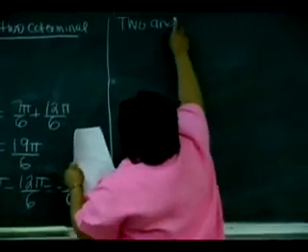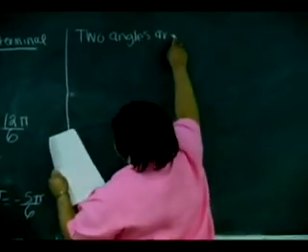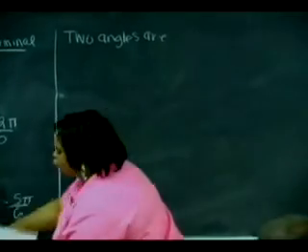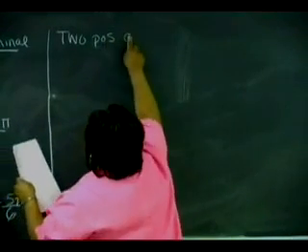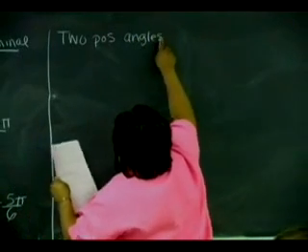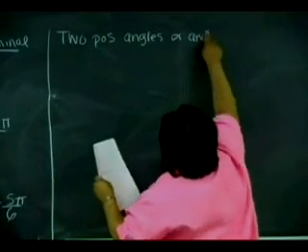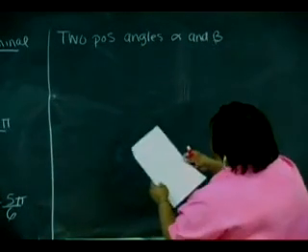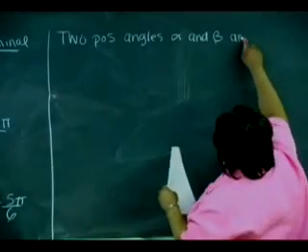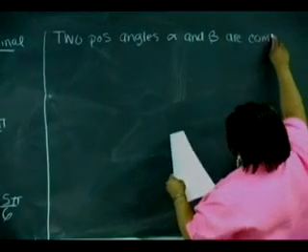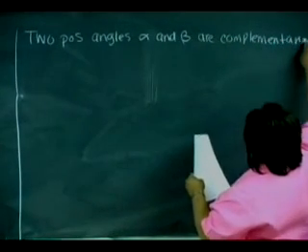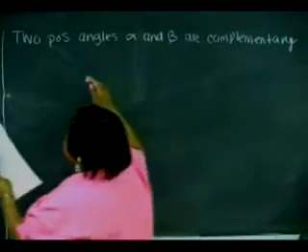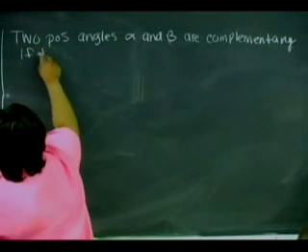Two angles, or I should say two positive angles, alpha and beta, are complementary if their sum is pi over 2.